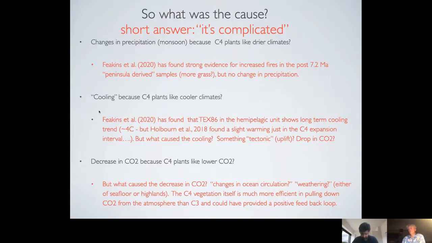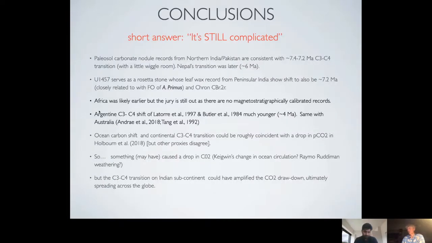Or did C4 vegetation itself pull CO2 out of the atmosphere and provide a positive feedback loop? Because this wasn't globally synchronous, that's a harder argument to make. I thought it was cool, but it may not be the answer.